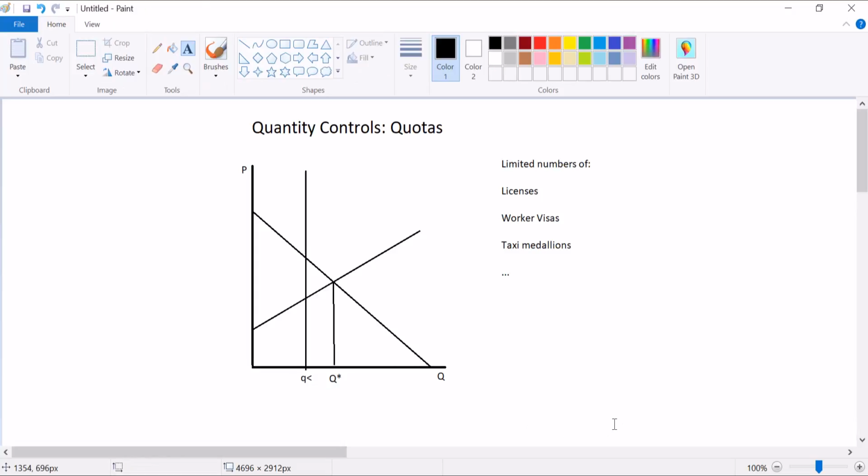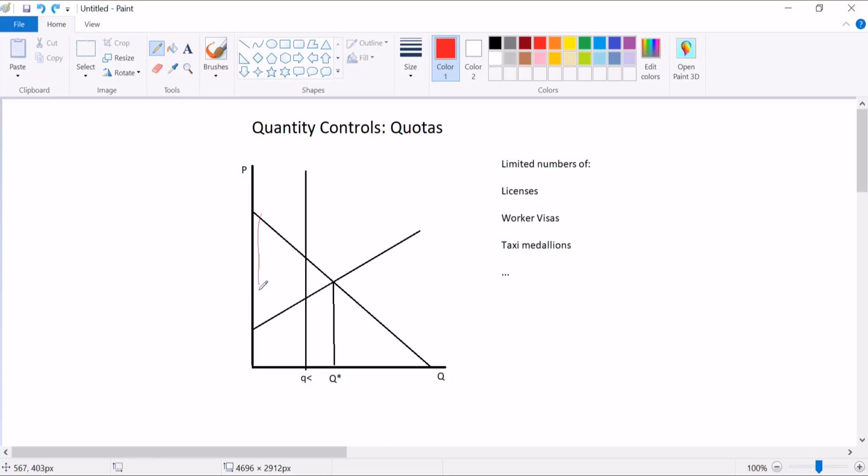Now, this has a couple of effects in our market. One of them, and hopefully the obvious one that you're recognizing by now, is that it's going to lead to something that we call inefficiency. Remember, when we talk about consumer and producer surplus, the maximum willingness to pay is along the demand curve. The minimum willingness to sell is along the supply curve.